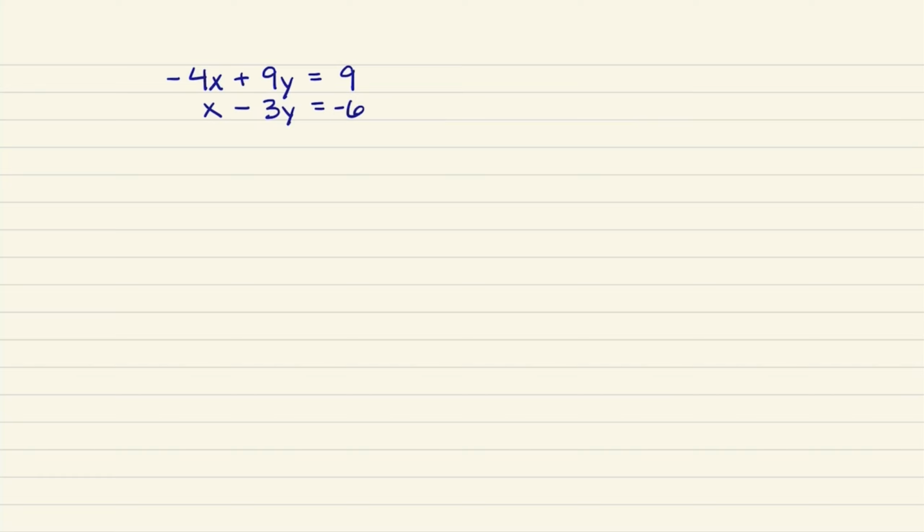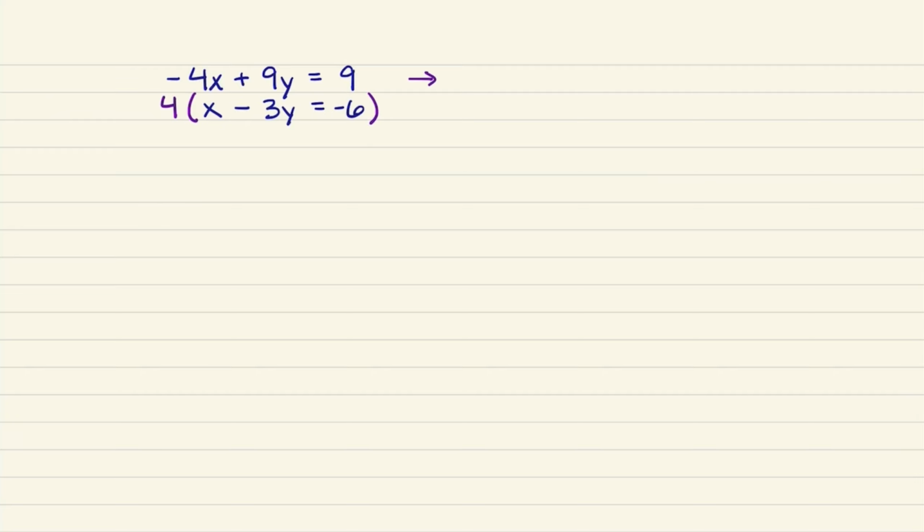We can multiply the bottom one by 4 because it'll give us a 4x. And when we have a 4x, we can cancel the x's out. We could also multiply the bottom by 3 because that would give us a 9y, and we'd be able to cancel them out. I'm going to go with multiplying the bottom equation by 4.